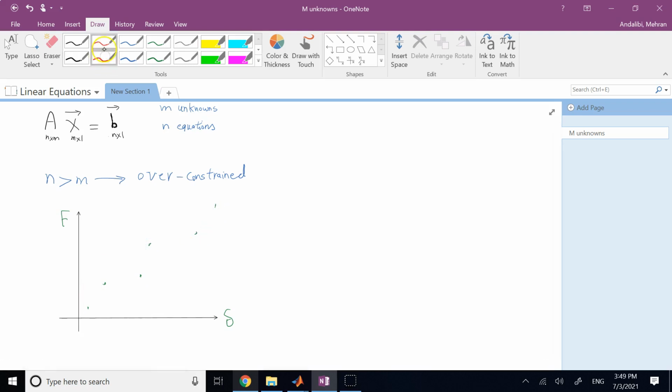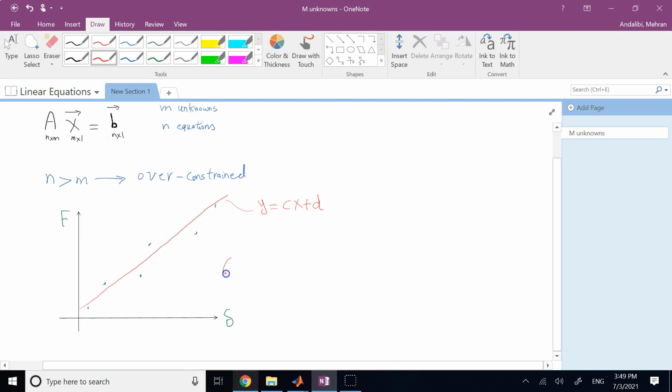And now your goal is to pass what we call the line of the best fit, like that, through these points. Correct? So you know you can never get the line to pass through all of these points. Why? Because the equation of this line is something like y equals cx plus d, right? And here, let's say you have 6 points, correct?